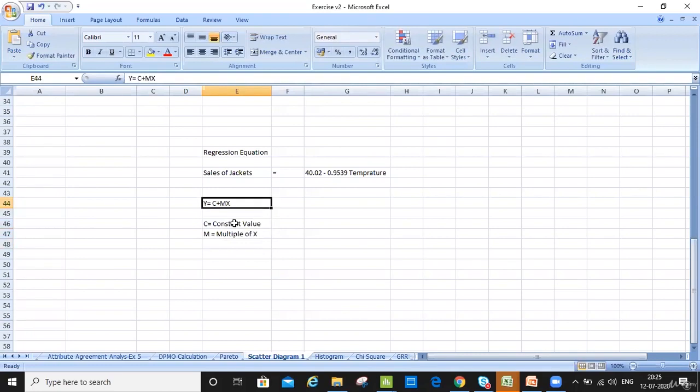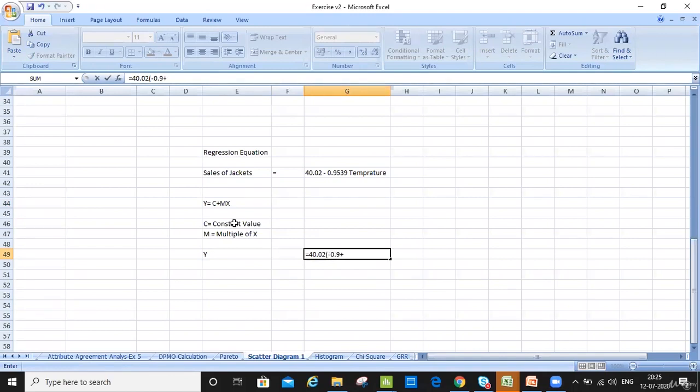Now, if I want to predict my sales of jacket, I can do that. Let's do this maths. So I want to predict Y, in the form C plus MX. So it's 40.02 as C, and minus 0.9.